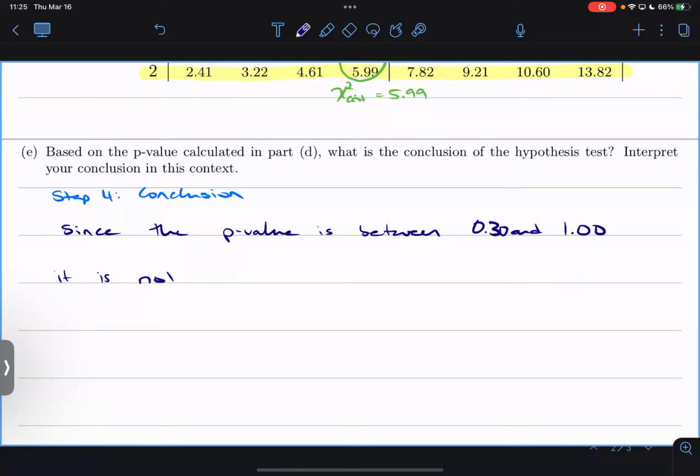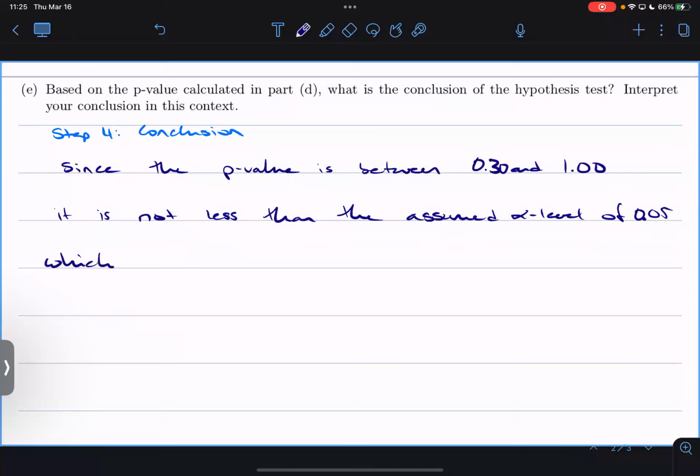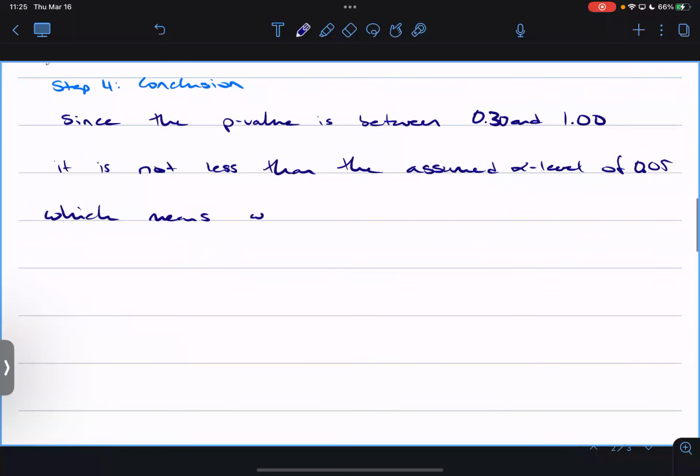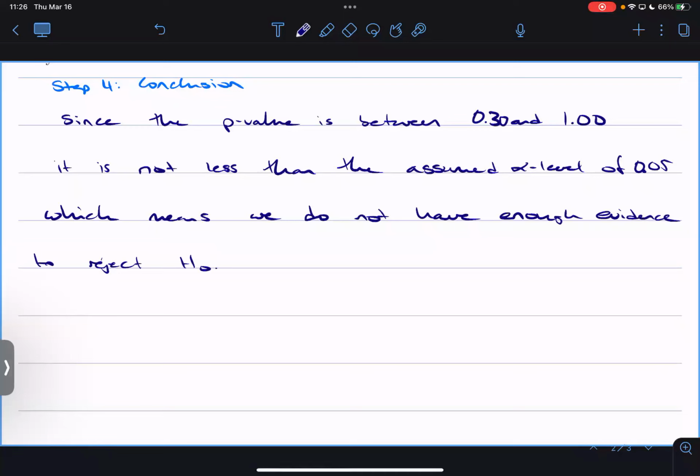So it is not less than the assumed alpha level of 0.05, which means we do not have enough evidence to reject H naught. If I'm not rejecting it, then you don't have to say in favor of HA, because you're not rejecting H naught.